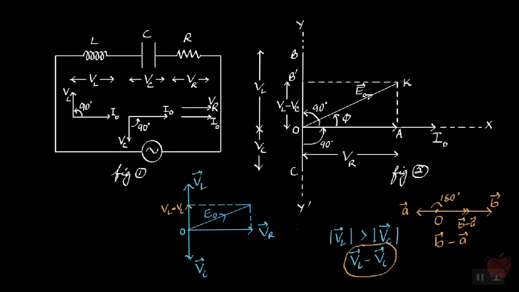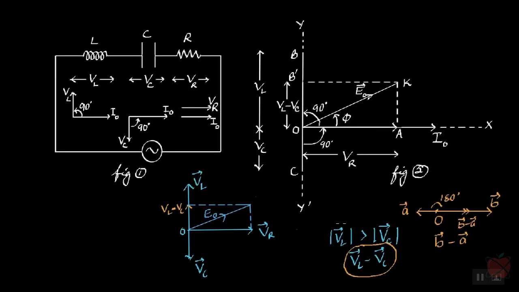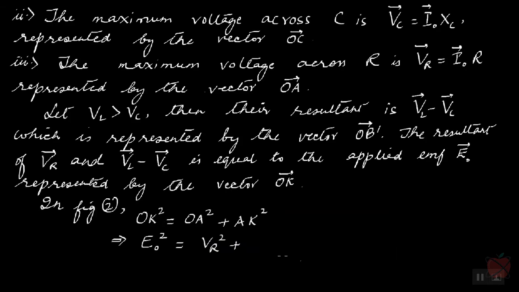OA is the magnitude of VR, square, plus AK. AK is the magnitude of OB dash, that means VL minus VC, whole thing square. So from here you can get E naught square is equal to, what is VR square?